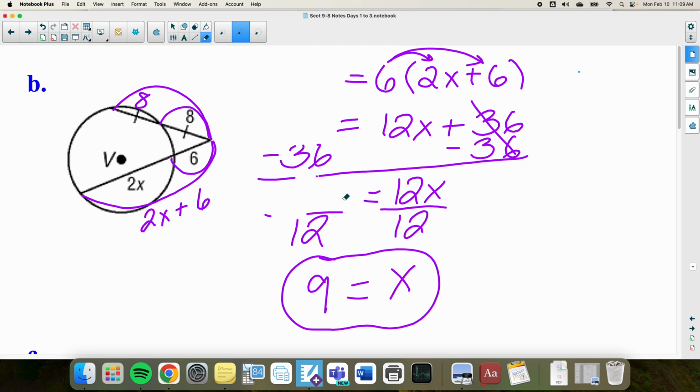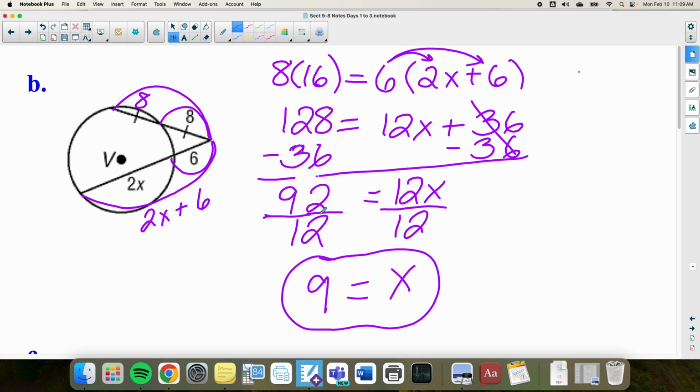Thank you. Okay, so this was 8 times 16, which was 128, sorry, and then this would be 92, and then divide by 12, which would give us 7.6. Okay, thank you.